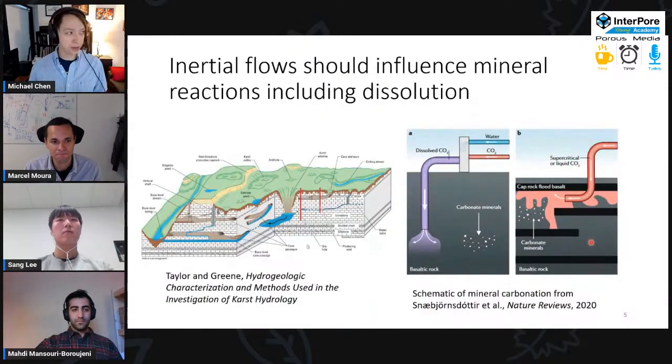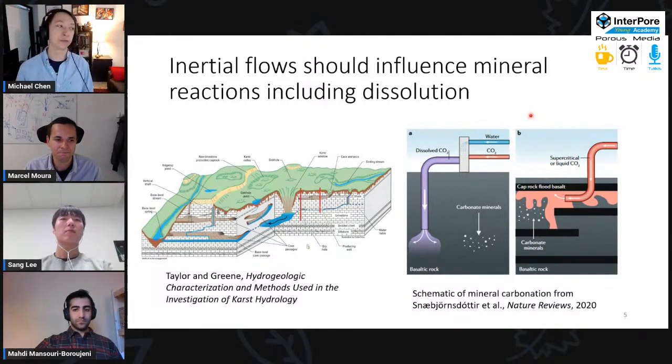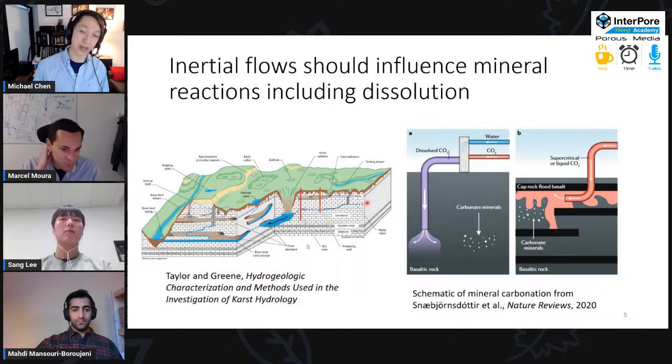However, most natural chemical reactions invoke mineral reactions, especially something like dissolution or precipitation, right? And we can think of a lot of different spaces where this is common, right? We can think about the evolution of natural landscapes where dissolution shapes things like the processes of karstification or weathering of other minerals.